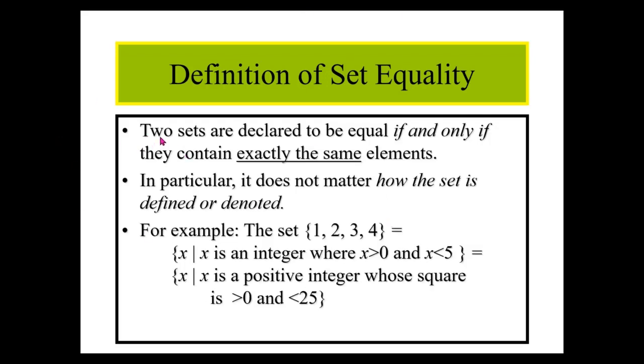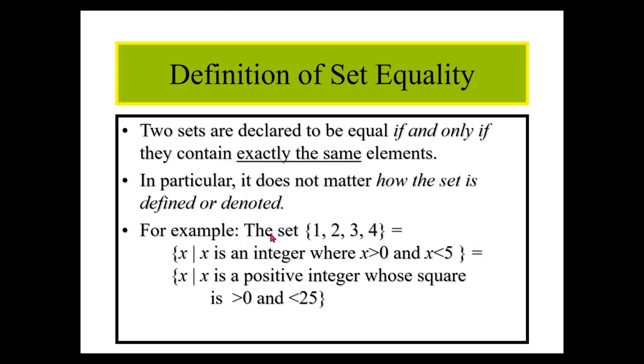See here, two sets are declared to be equal if and only if they contain exactly the same elements. We have said capital V, capital S, capital T, all these notations can be used to represent the set. If you want to say two sets are equal, they should have exactly the same elements.